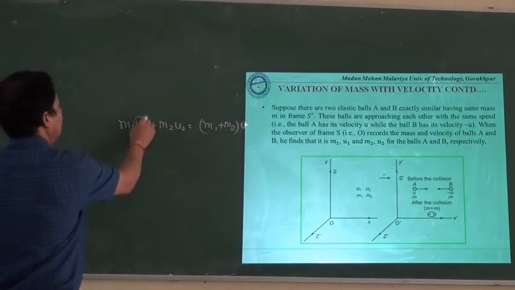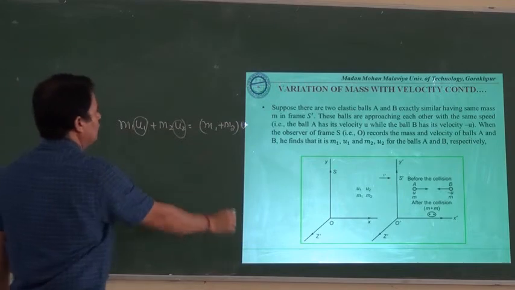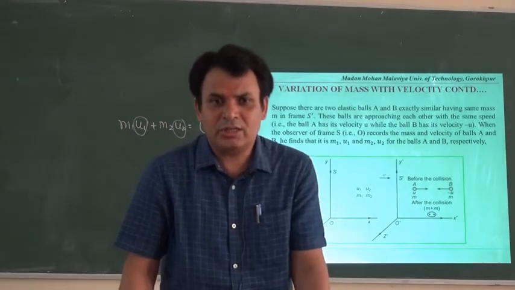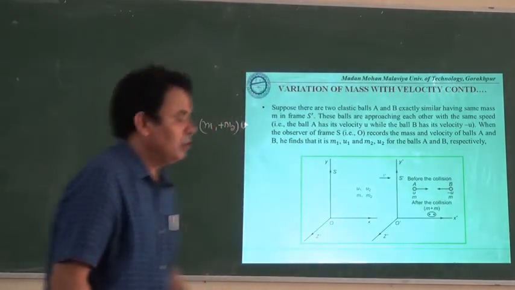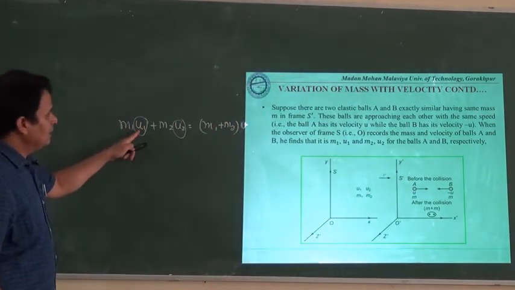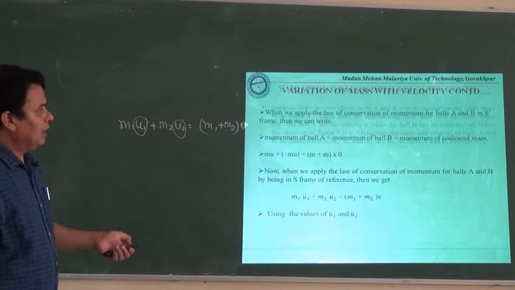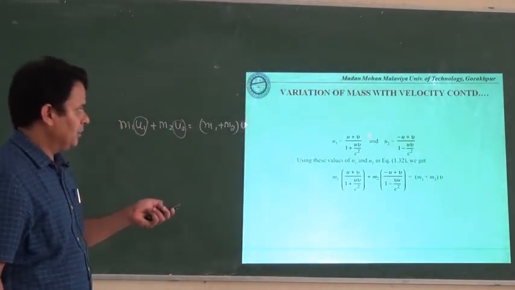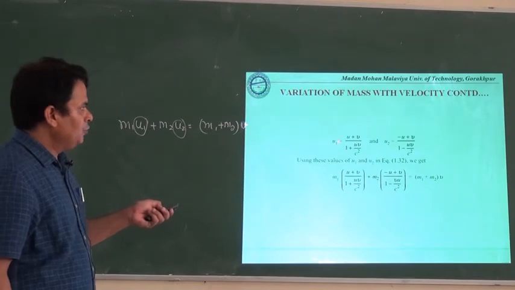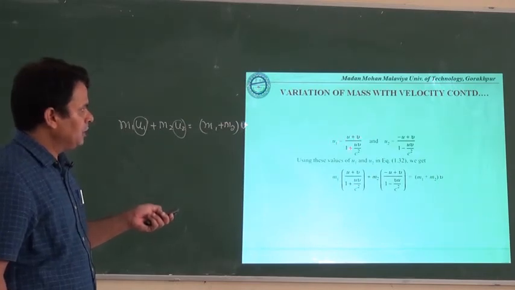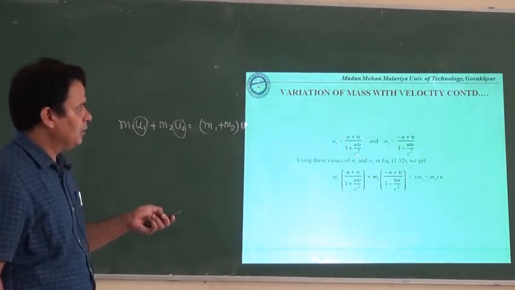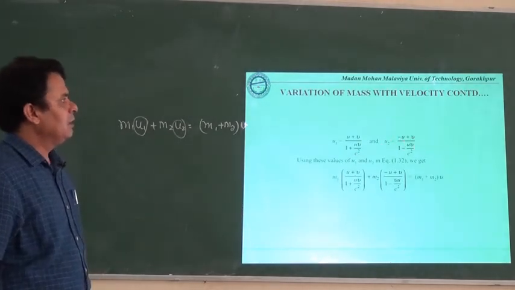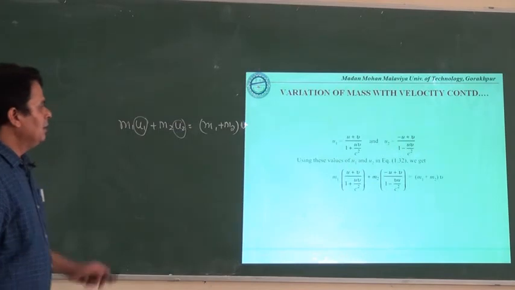Now let us write the value of u1 and the value of u2 according to the velocity transformation equation. Here u1 will be with the particular expression I have written: u1 is equal to (u plus v) upon (1 plus uv upon c square), and u2 is equal to (minus u plus v) upon (1 minus uv upon c square).